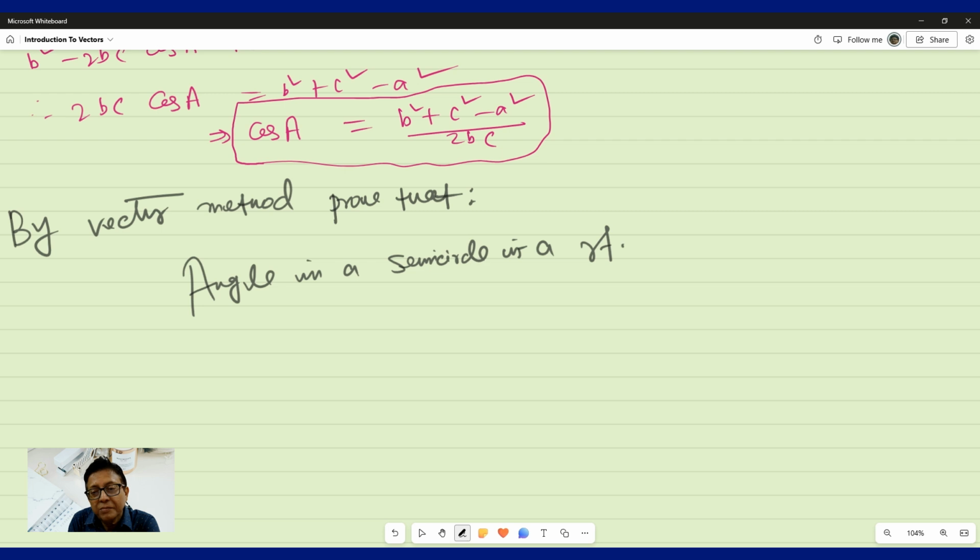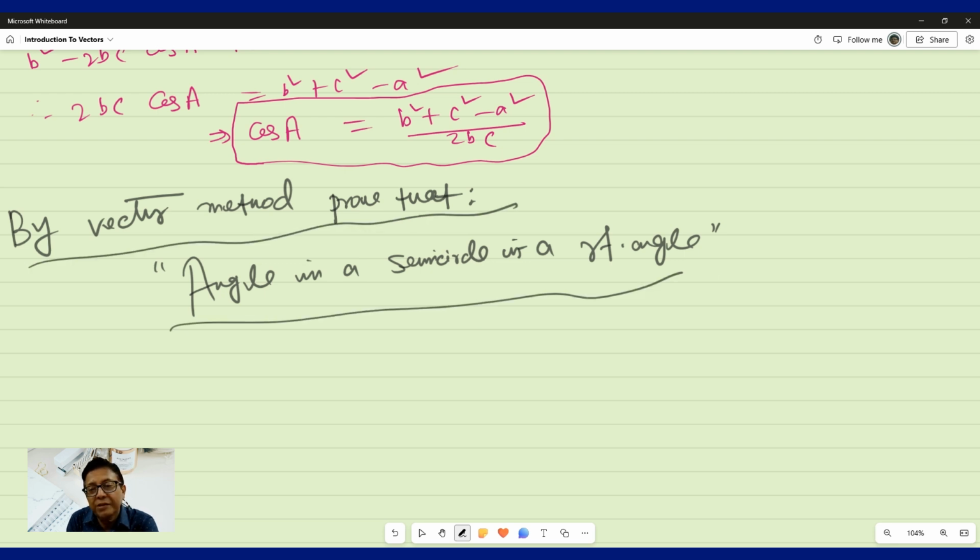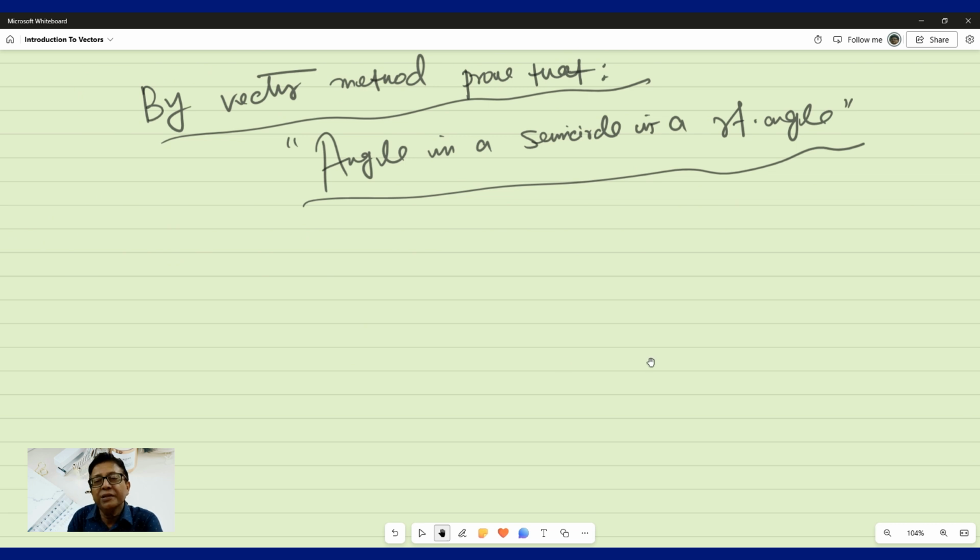This we are going to prove by vector method.